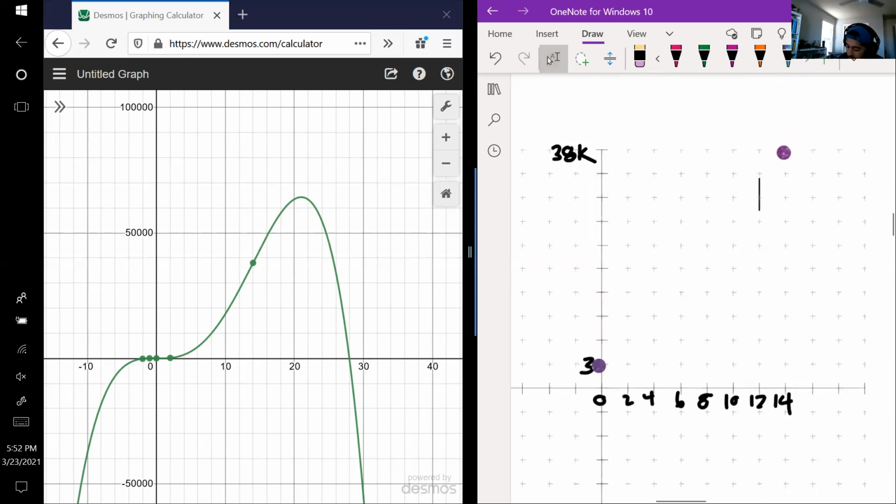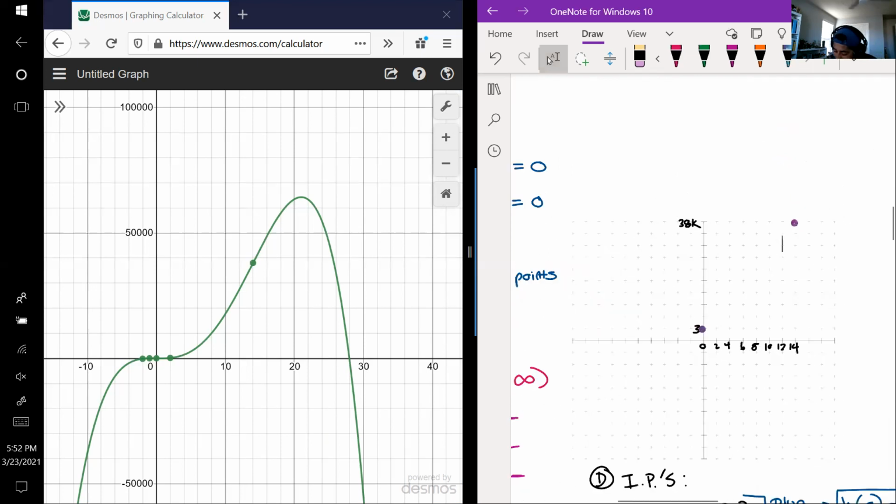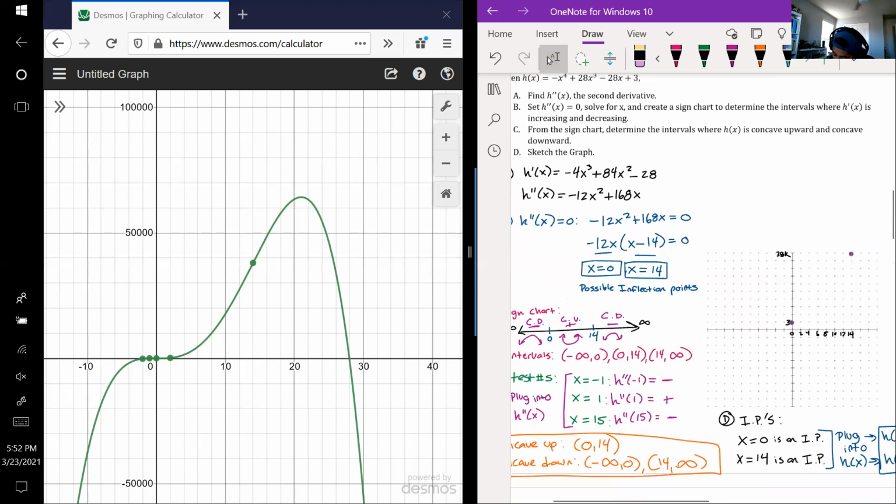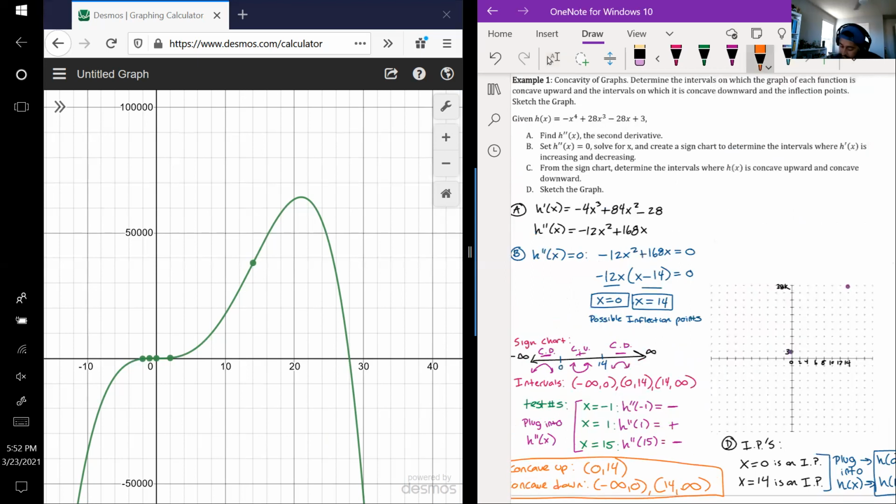Now I'm going to graph by using the sign chart that we created. What we're saying with the sign chart is that from negative infinity to 0, we are concave down. So I'm going to start at my point (0, 3) and draw concave down. That's what concave down looks like.